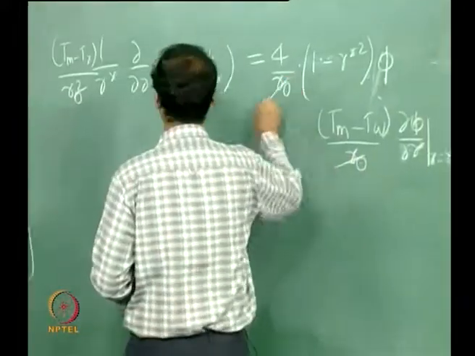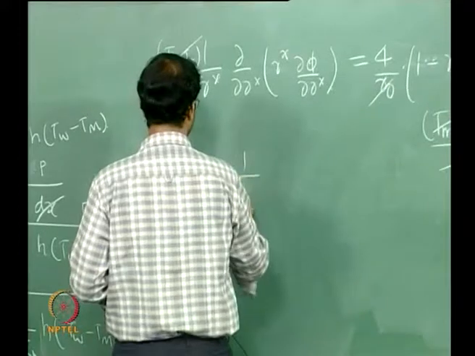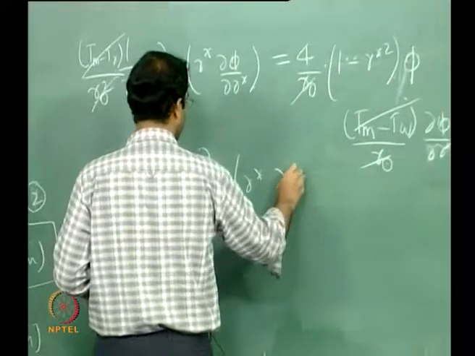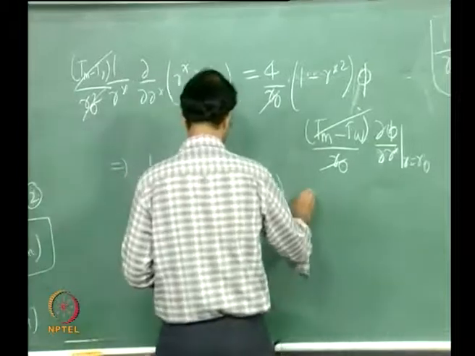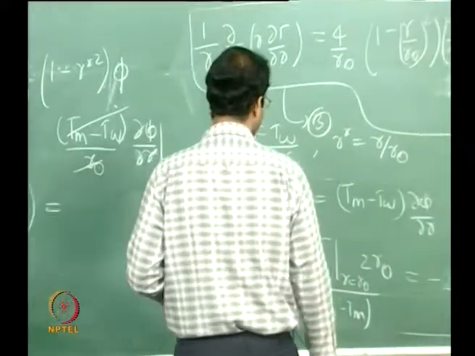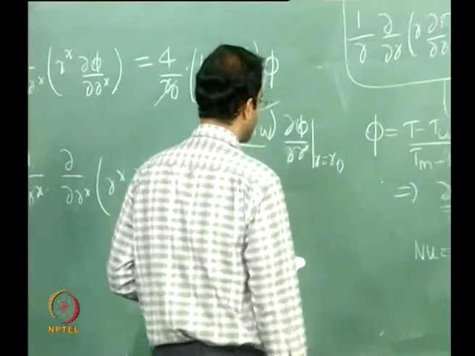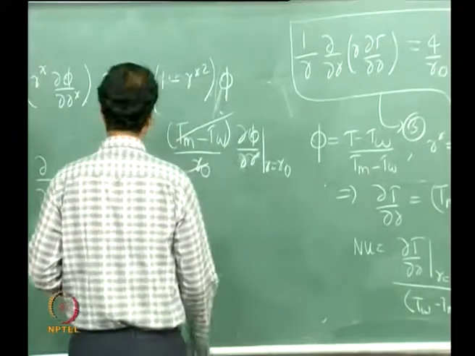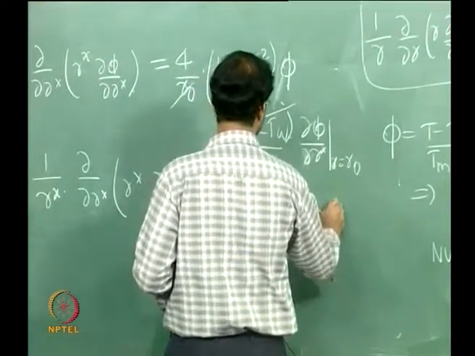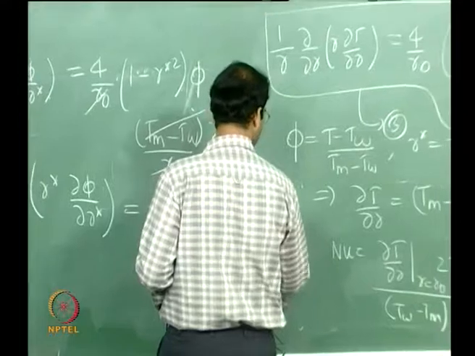So r naught square will cancel, Tm minus Twall cancels, so I am left with the final non-dimensional form: d by dr star into r star d phi by dr star, which is equal to, now I have got the expression for Nusselt number as minus 2 r naught into d phi by dr. So I can replace d phi by dr at r by r naught as Nusselt number by 2 r naught, so this will be minus 4 into 1 minus r star square into phi into Nusselt number by 2 r naught.